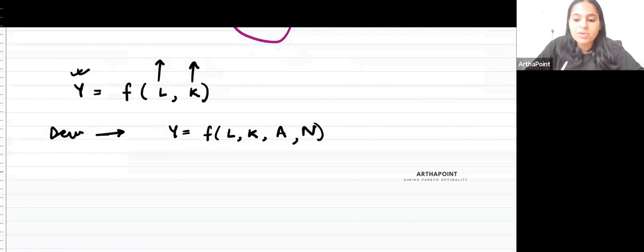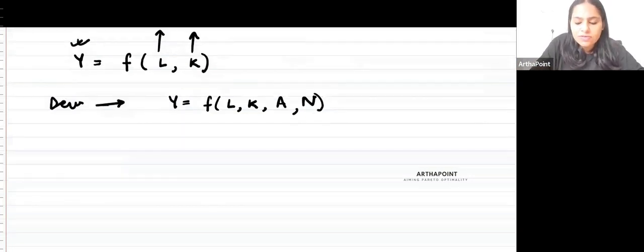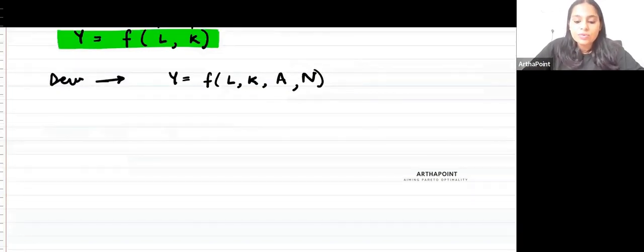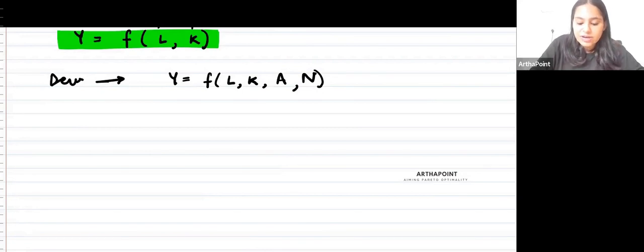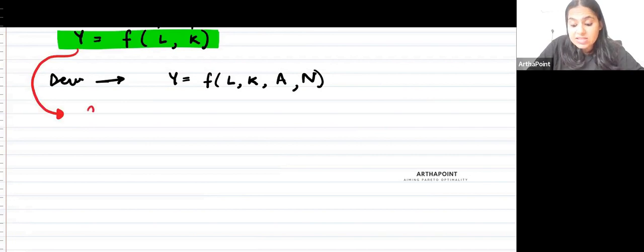In microeconomics, we have a tendency of keeping it up to two variables, only labor and capital. Now, when it comes to the production function, we are always interested in finding that y, which is the maximum value for given L and K.